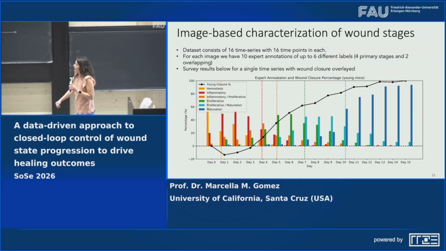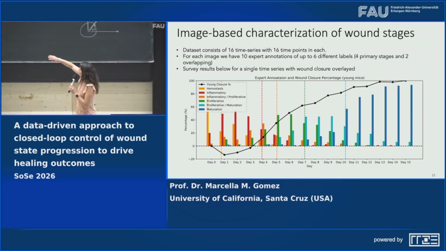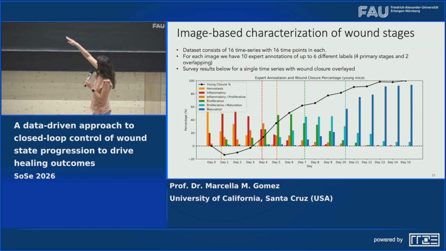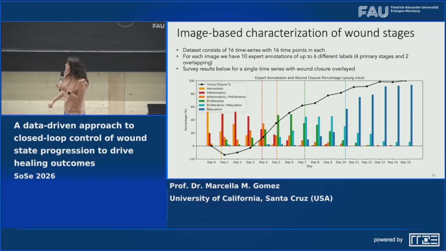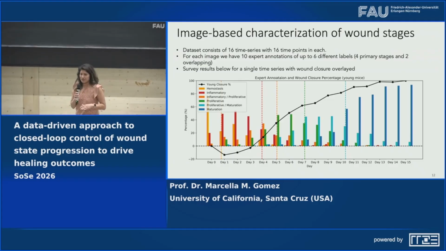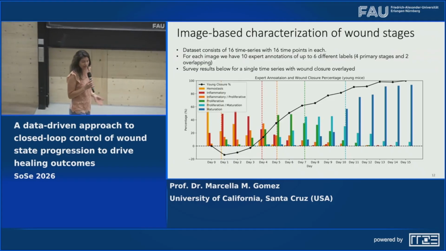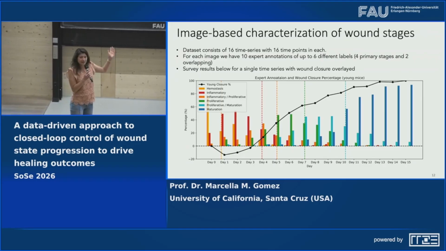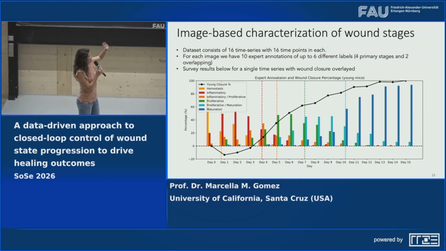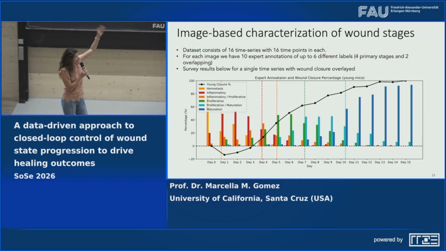If we look at a time series of images, from day 0 to day 15, you can see the labels on the x-axis here. We asked a group of experts to label those images, so we needed label data, whether they thought it was in the hemostasis stage, inflammation, proliferation, et cetera.